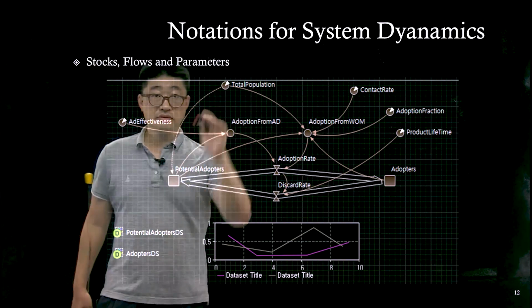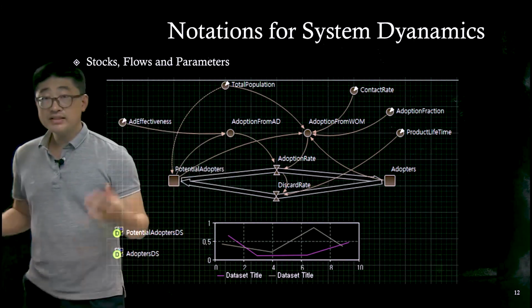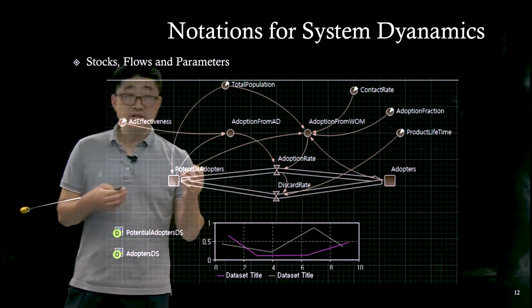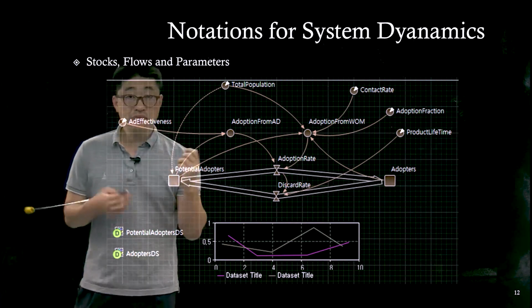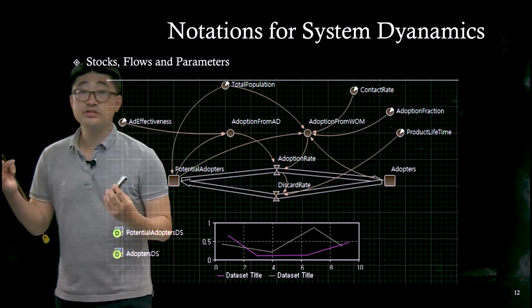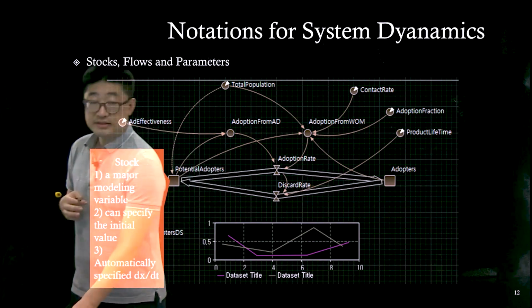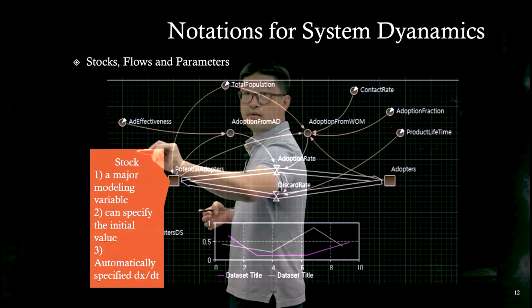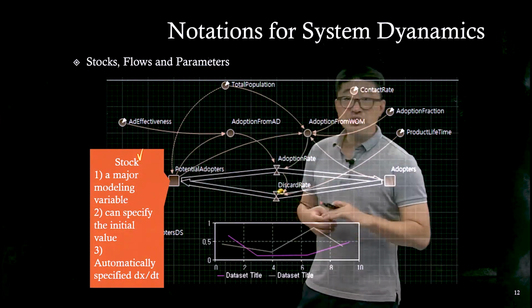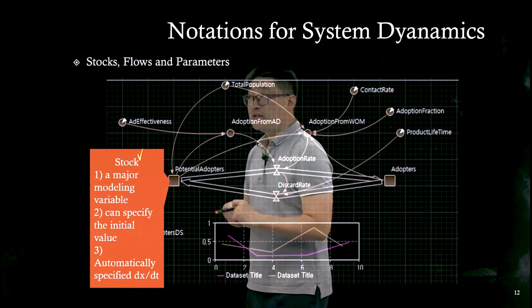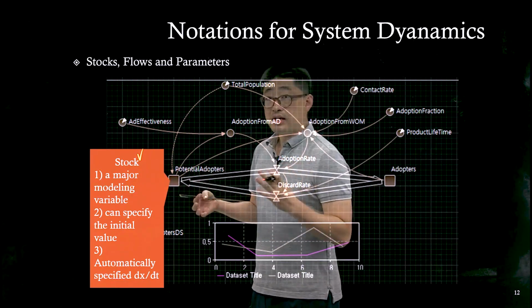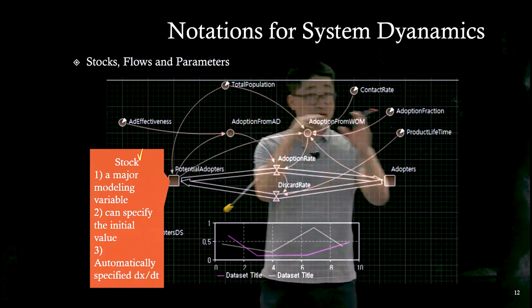So, notations for the system dynamics model. What are the most relevant features? Of course, the first thing to know is the stock. Here, a stock is actually a variable. Remember the causal loop diagram, one factor affecting another.